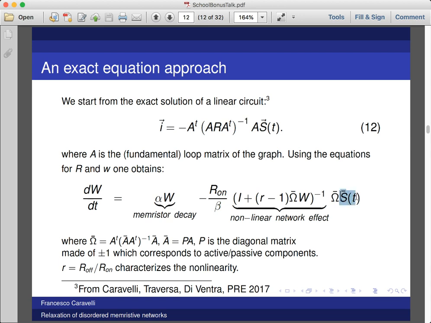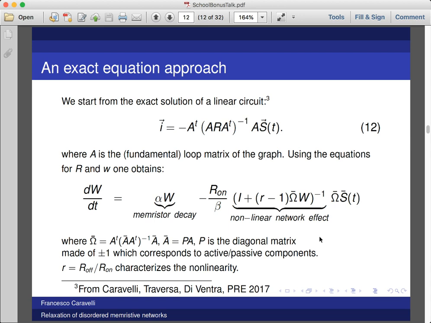Okay, S here is the vector of voltage sources to each memristor. So if you have n memristors, you can have n of these sources. So this is a vectorial equation in nature. Beta and alpha basically control the response of the memristors to decay.